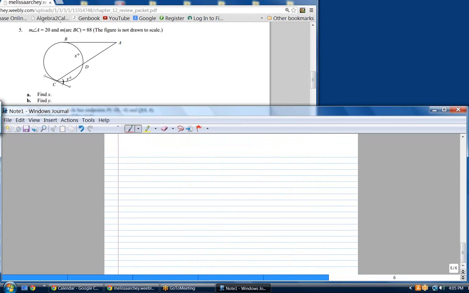So if angle A is 20, what do we know about this figure? In other words, there's a theorem that's based on a tangent line intersecting with a chord and this angle.